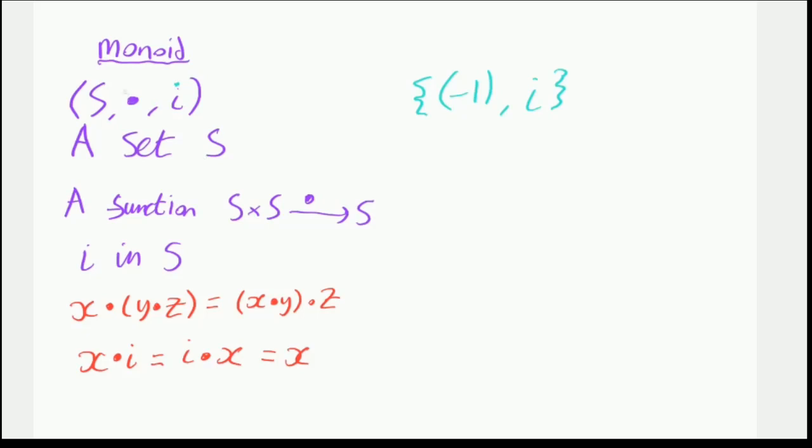The fact that this dot thing here gives us a binary operation is specified by saying we have a function called dot, which takes a couple of elements of S and gives us a new element of S. As I say, the identity element is in S. And we also insist that this binary operation is associative, meaning that this equation always holds, and also that I acts like an identity element, meaning that if we multiply x by I, we always get x back.